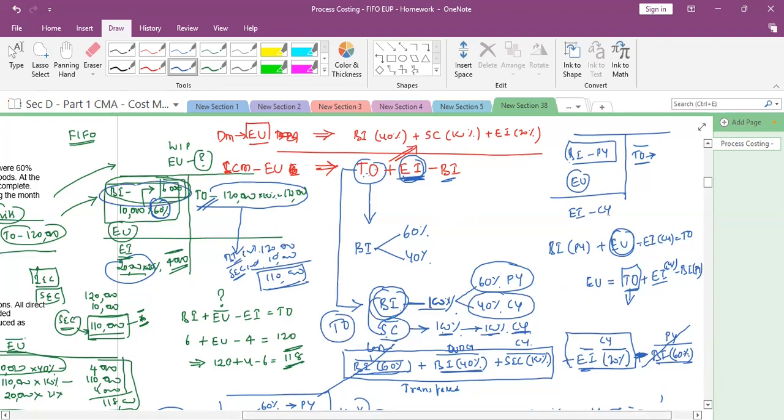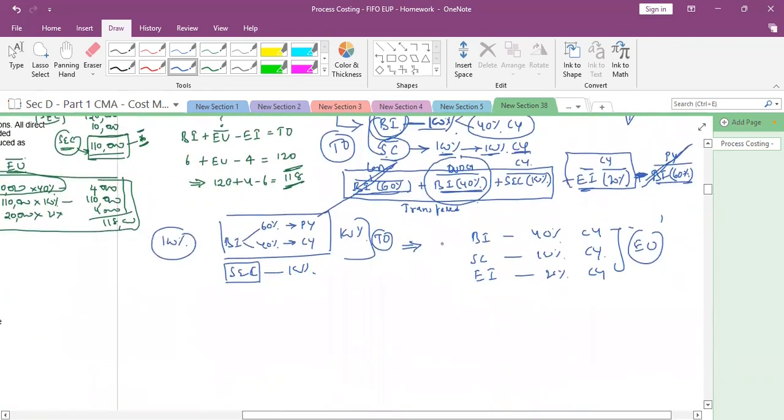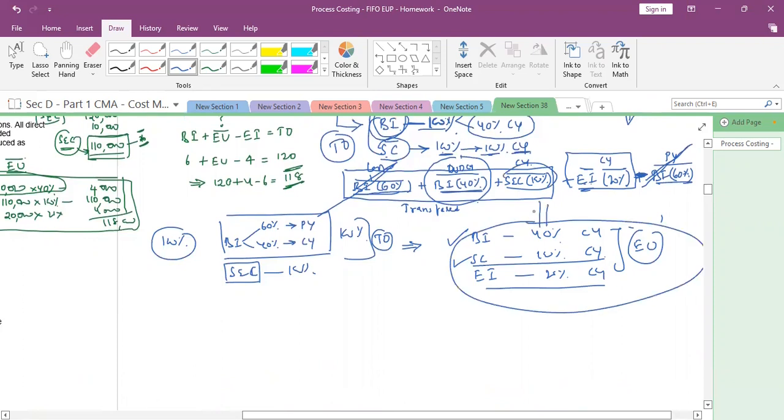So this 60% and this 60% get cancelled. Finally, we are getting beginning inventory work done in the current year, which matches this one. Started and completed 100%, which matches this one. Then ending inventory 20%. That means this method is always equal. The only thing is that here it is easy.